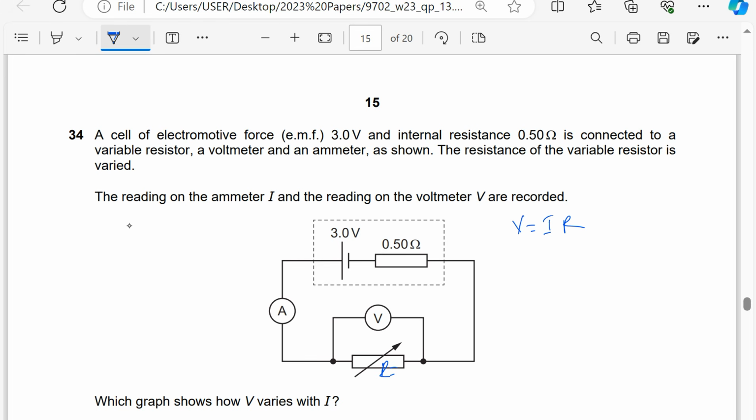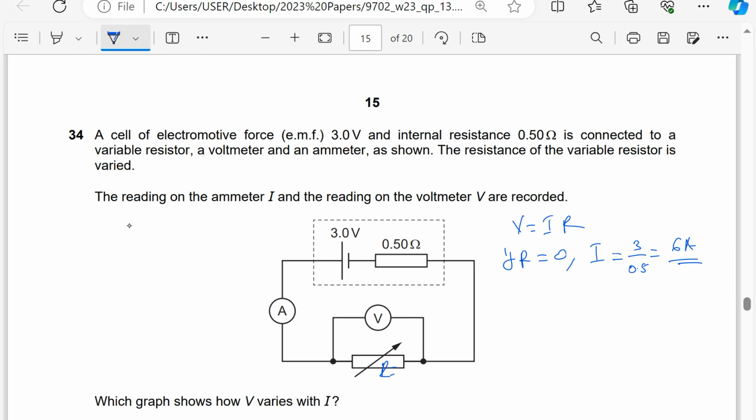If R goes to 0, the current is going to be equal to V over r, which is 3 divided by 0.5, which is 6 amperes. The maximum current should be 6 amperes when there's a short circuit.